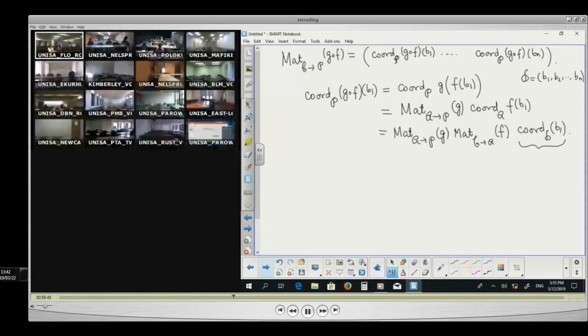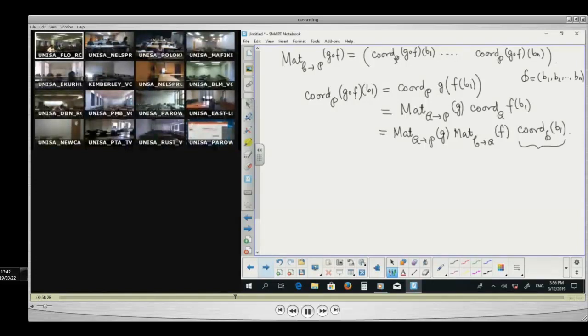So here again you have to remember what the coordinates of something are. Well, the coordinates of x is the unique way in which you can write x in terms of the basis vectors of B. If x is alpha 1 b1 plus alpha 2 b2 plus up to alpha n bn, the coordinates of x with respect to B is alpha 1, alpha 2, alpha n. So how can you write b1 in terms of b1, b2, bn?